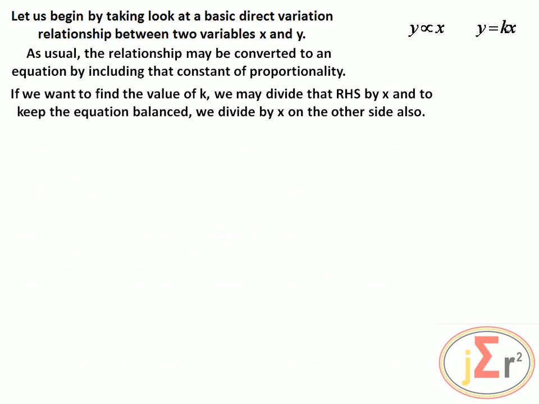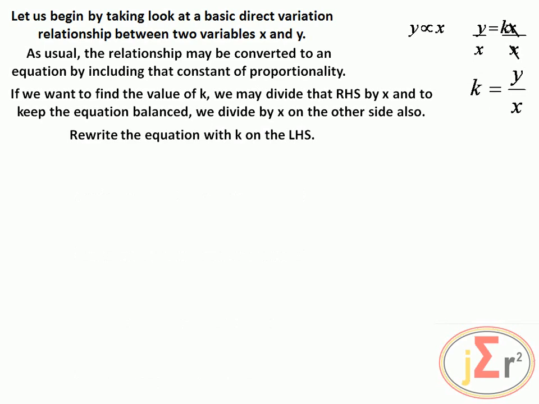If we want to find the value of k, we may divide the right hand side by x, and to keep the equation balanced, we divide by x on the other side also. So eliminate that x, because we want to find the value of the constant. So eliminate the x by division, like that. And then what do we have? y over x is equal to k. Rewrite the equation with k on the left hand side.